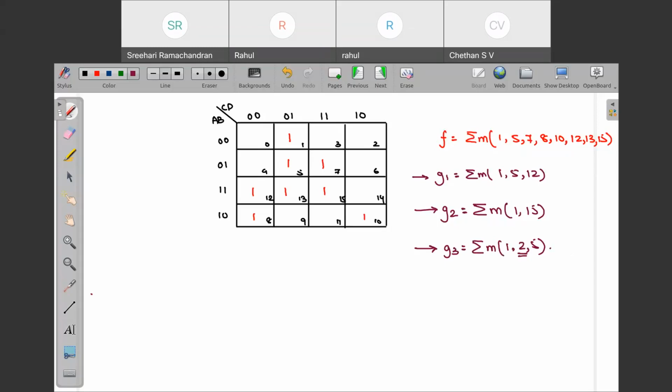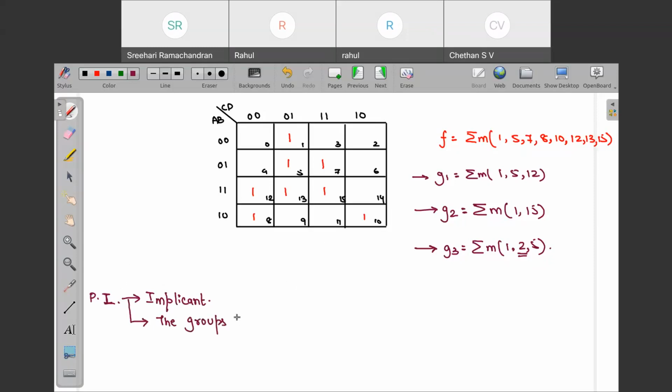Now, what do we mean by prime implicants? First of all, they are basically implicants. Implicant means they are subfunctions. Now, by the term prime implicant, we mean that we need to find the groups.